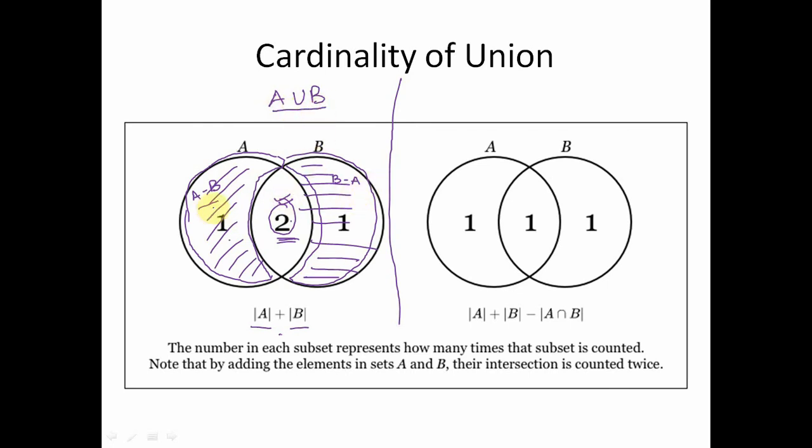I'll have to count this portion once, and this portion also once. So we take A plus B, which means 1 and 1, and this is counted twice.